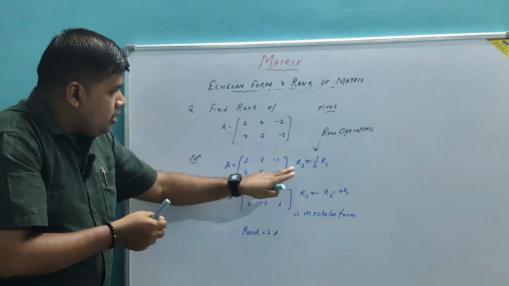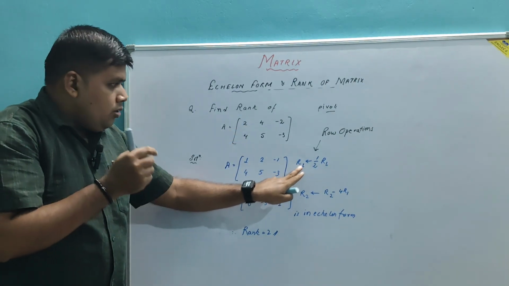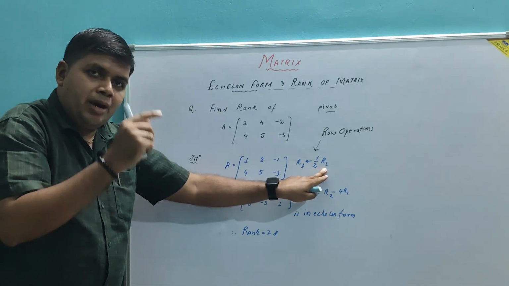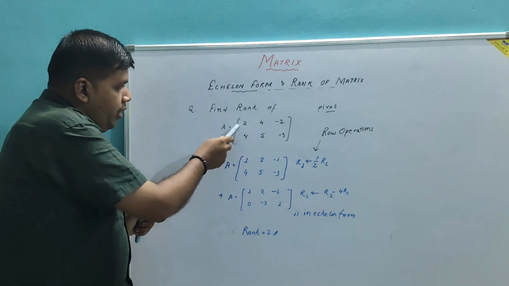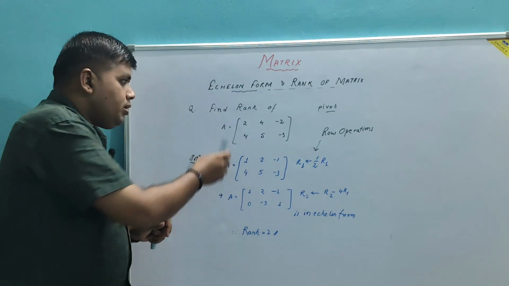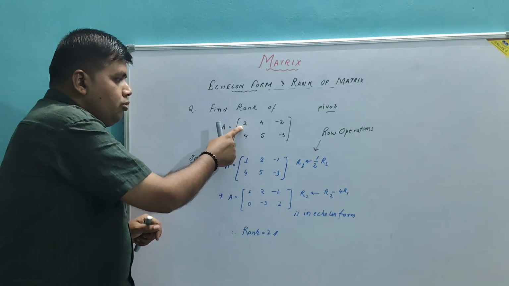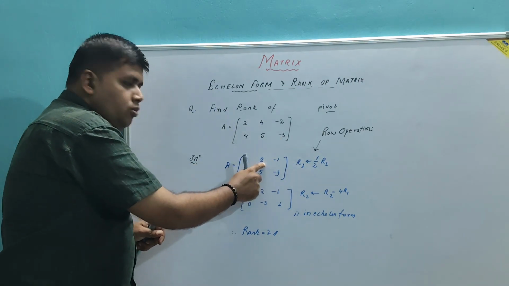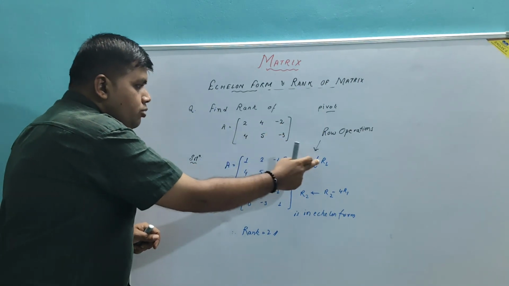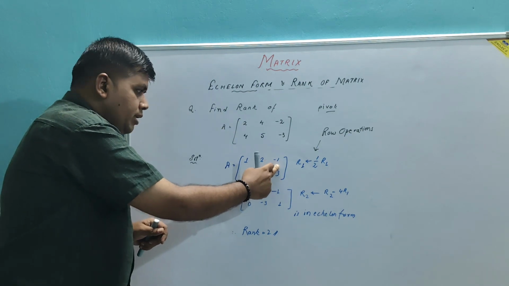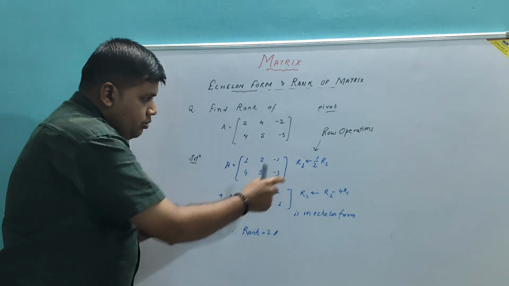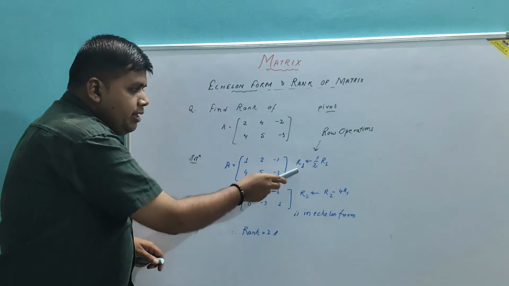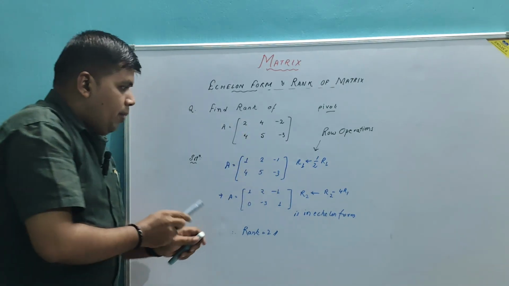So we are dividing row 1, R1, all the elements of row 1, by 2. Half into 2 is 1, 4 by 2 is 2, minus 2 by 2 is minus 1. So these values are obtained by using this row operation.